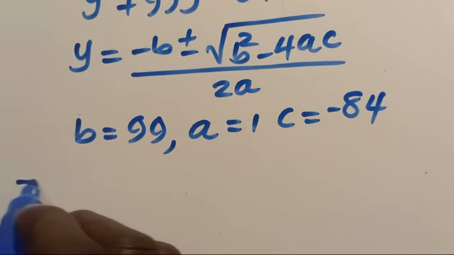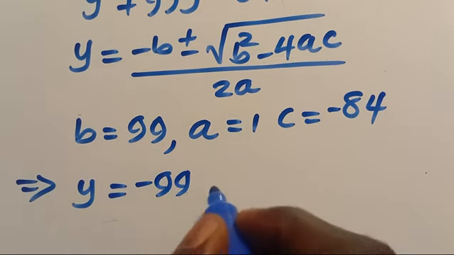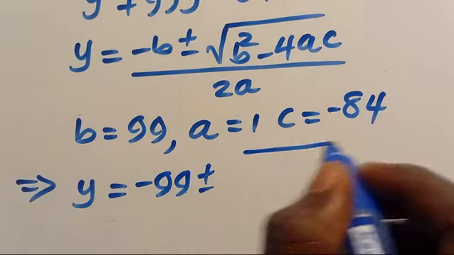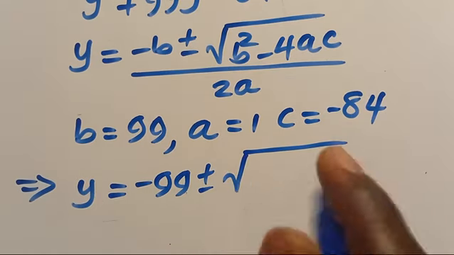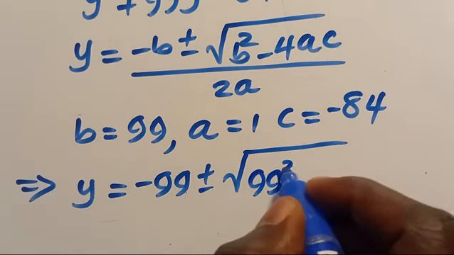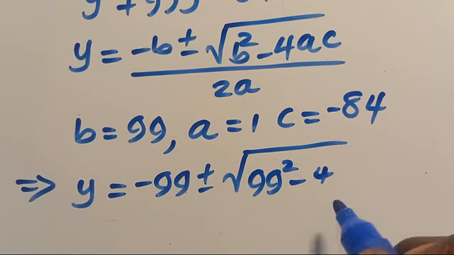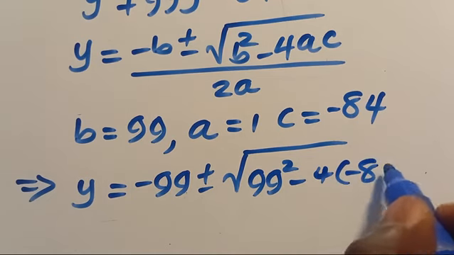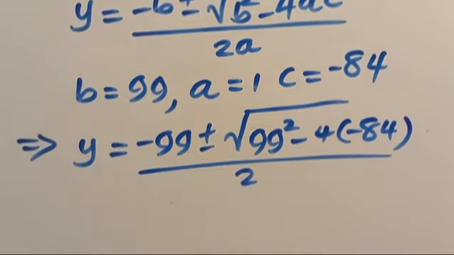So we are going to have y equals minus 99, positive or negative, square root of 99 squared minus 4 times a, which is 1, times c, minus 84, over 2 times a, which is 1.